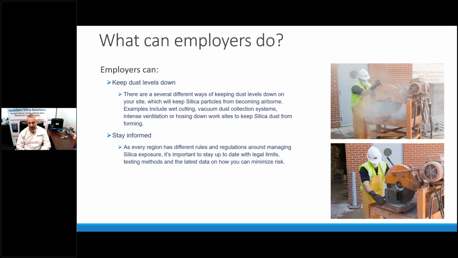We talked about instituting elimination, substitution, engineering controls, really making sure that the workers are following them, and then performing periodic inspections of the workplace, as well as periodic exposure monitoring, to make sure that the controls are effective.